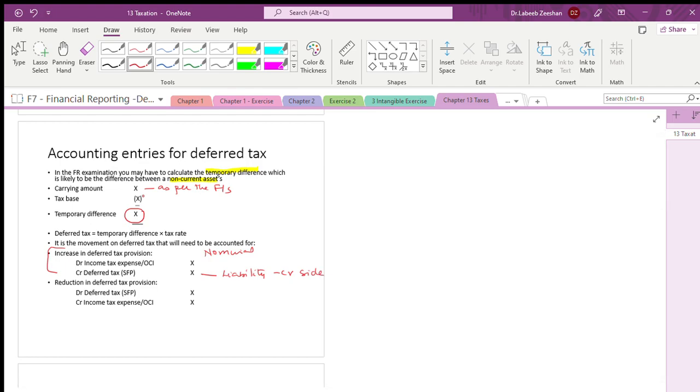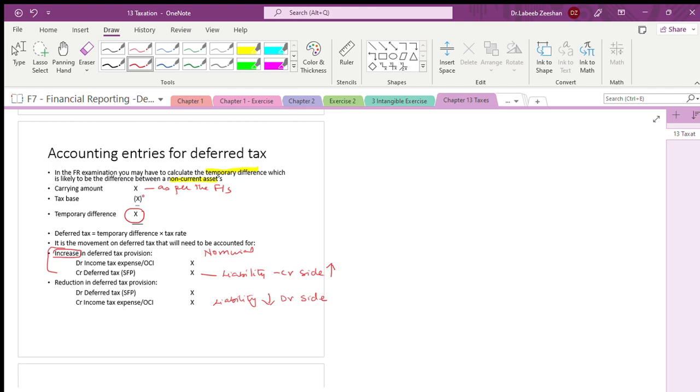This happens when the liability increases, it should be on the credit side. If the liability is decreasing, which side will it be on? It will be on the debit side.